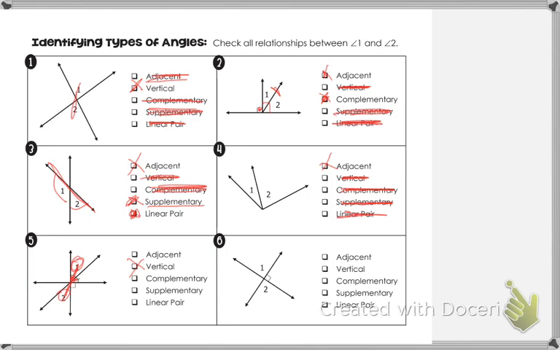If this one and this one are equal, which means they add up to 90 degrees, then that means that this one also adds up to 90 degrees. So they are complementary, they're not supplementary, they're not a linear pair, and they're not adjacent. Alright, not adjacent, that's for sure. Definitely vertical.